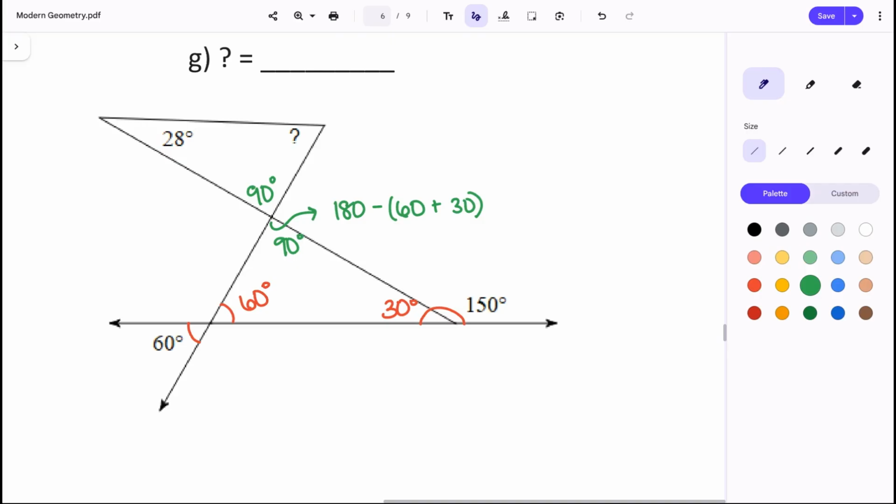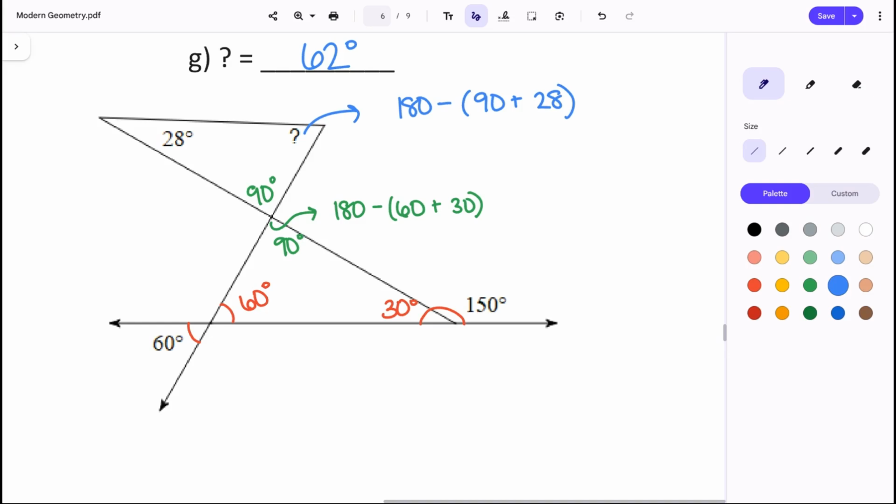Parker? 90 plus 20 minus... And how much is that? 62. Yeah. So, do you see how now they're not true alternate interior angles? They look like it. So, this is going back to what we've talked about in the past. We can never assume something's happening in a picture.